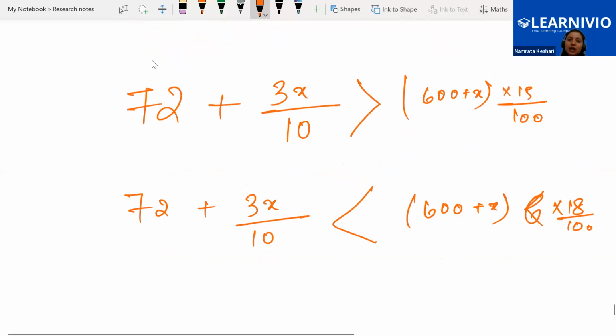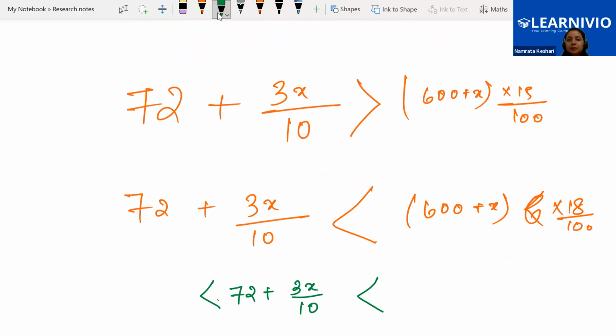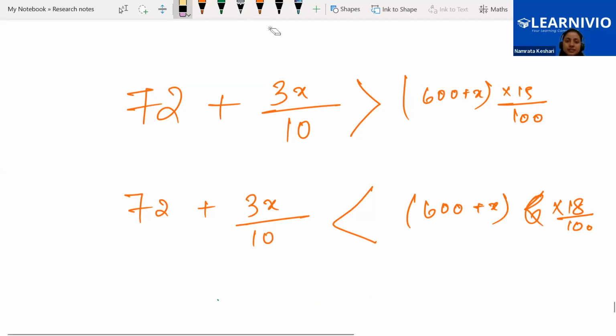You understand that, right? Now we were solving inequalities where the terms were sitting like this. Separately if we solve, that will make sense, because here also x, there also x, everywhere x, so we won't be able to focus. Let's do it separately. We have 72. If we apply the distributive property, we multiply 15 by 100 with this one and with this one.